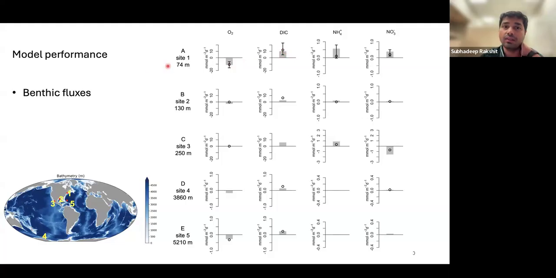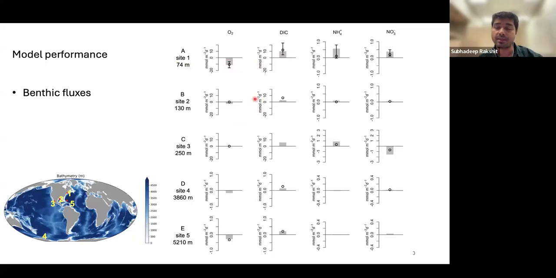For site A, we had seasonal measurements, so this is the seasonal spread. And for the other sites, it was a time snapshot, so these are all information from one-time measurements. So you can see that the model performs pretty well.